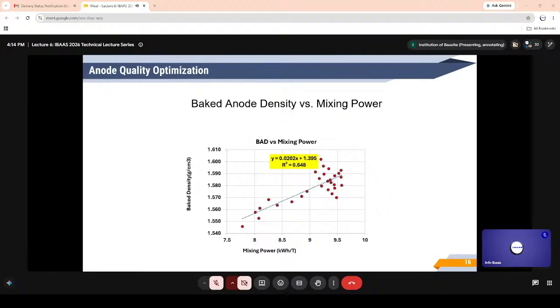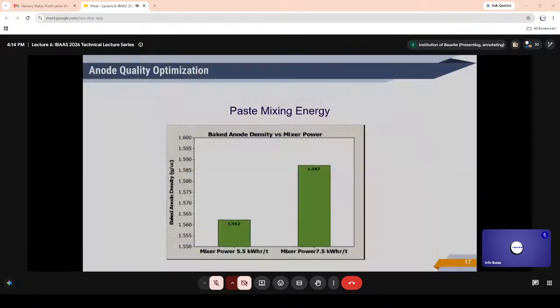Mixing power helps to achieve higher anode densities. Baked anode density improved from 1.565 to 1.590 grams per cubic centimeter as the mixing energy increased from 5.5 to 7.5 kilowatt hours per ton of paste for the same blend of cokes and dry aggregate recipe.